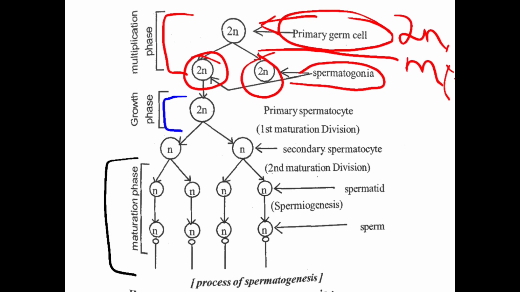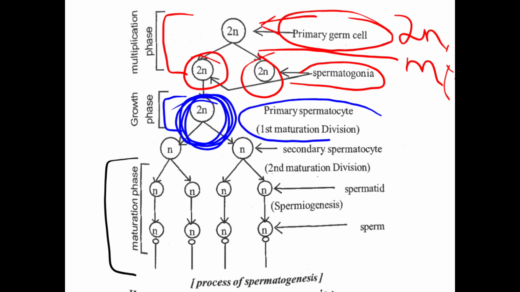Then one of them undergoes the growth phase. In this growth phase, the spermatogonium takes in nutrients and gets big in size, and it is known as the primary spermatocyte.